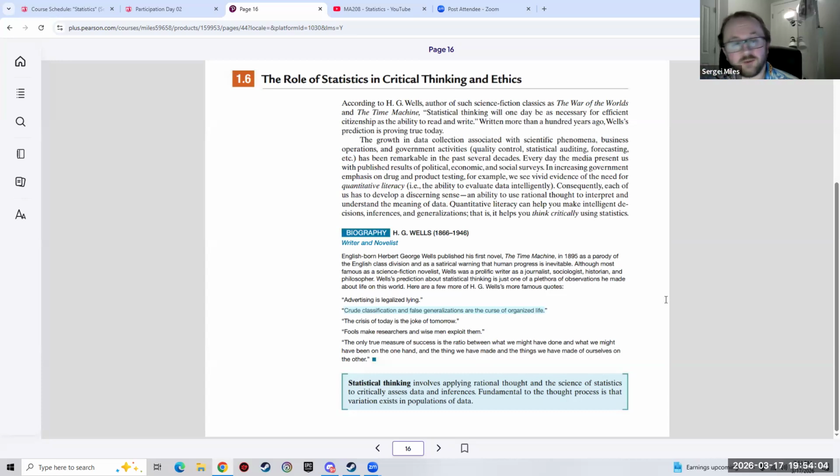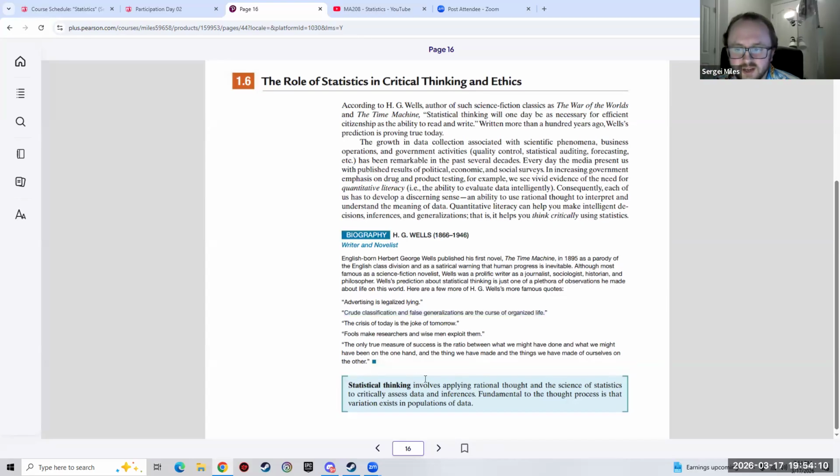Unfortunately, despite our best efforts, when we're performing statistical thinking, this involves applying rational thought and the science of statistics to critically assess data and inferences. We're trying to make generalizations, we're trying to make inferences, but we have this fundamental issue we run into.